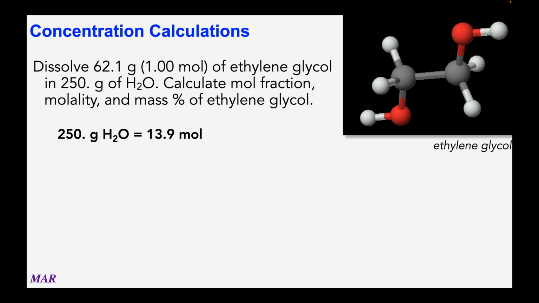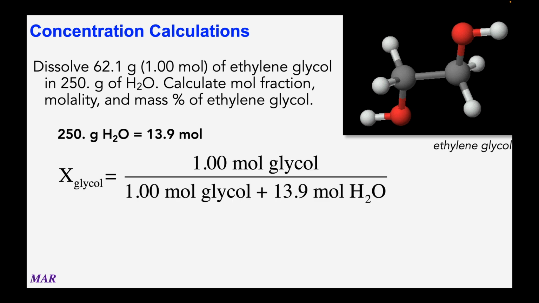So we do need moles of water. So if you take 250 and divide by the molar mass, which is about 18.02 grams per mole, you should get 13.9 moles of water. If you don't get 13.9, let me know. All right, this is really important, but you need grams and moles of solute and solvent. And by calculating 13.9 moles, now we have moles of solvent. And now we can start just putting things together.